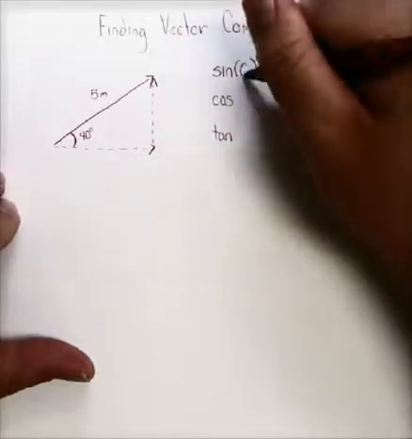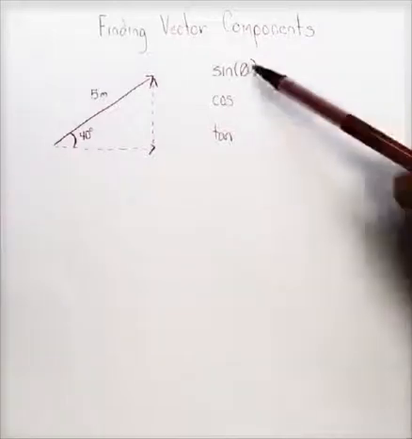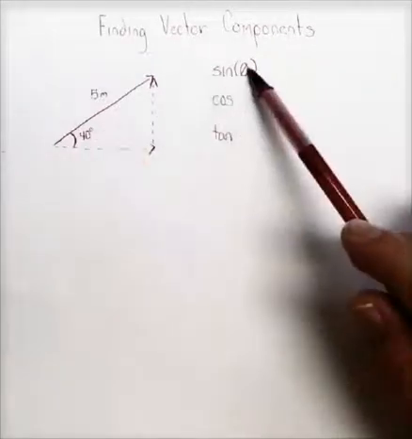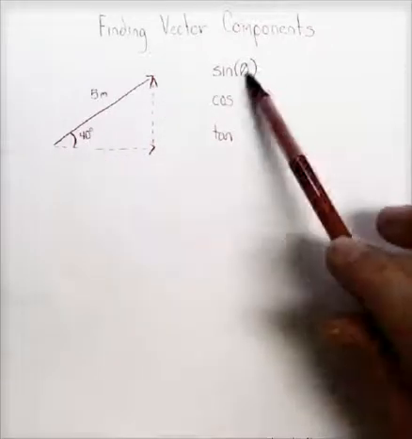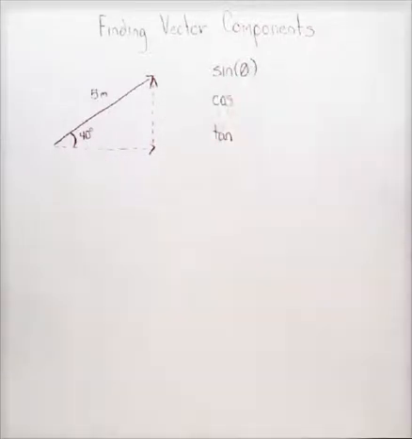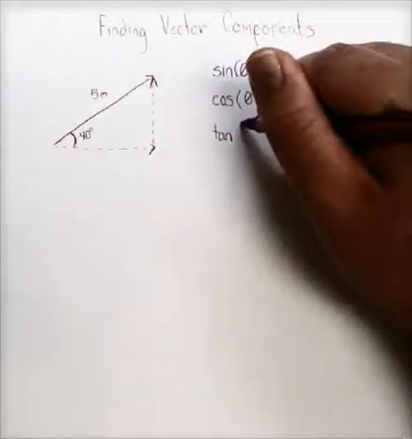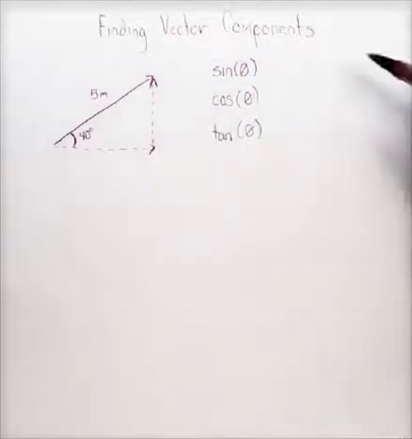We usually call this, in variable terms, theta, and theta represents some angle. So if we were to take the sine of whatever angle we want, let's say 40 degrees, I would say the sine of 40 is, and then we have ways to compute this. All of these are functions, and all scientific calculators are going to have them.